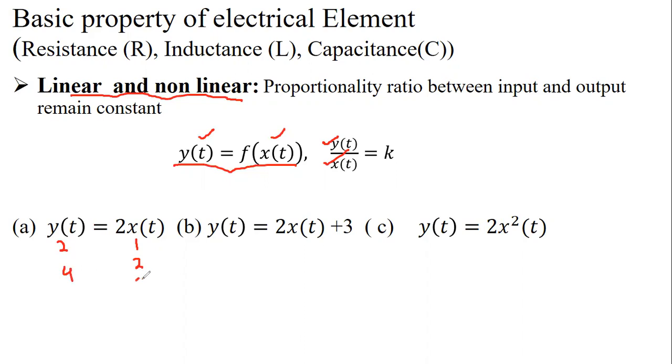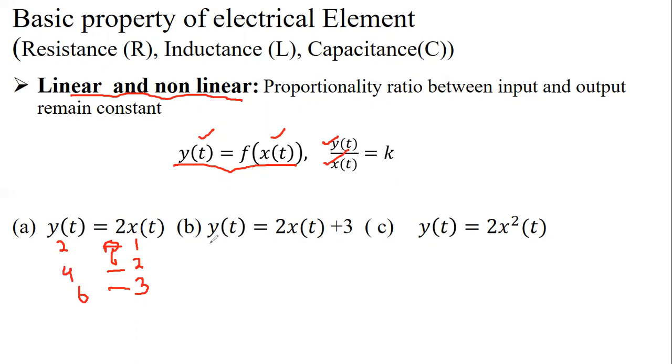If x(t) is 3, the output becomes 6. So the proportionality between input and output here is 2, here again 2. So this relation y(t) equal to 2x(t) is a linear relation, and the element governed by this equation is also a linear element.